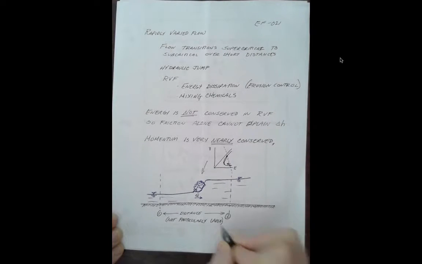If you consider the previous numerical example where we had over 10 kilometers of distance for a 3-meter change in water surface and water depth, in the case of the hydraulic jump, instead of being in hundreds of meters, these distances are in a couple of meters, 2 or 3 meters. So these distances are pretty short.